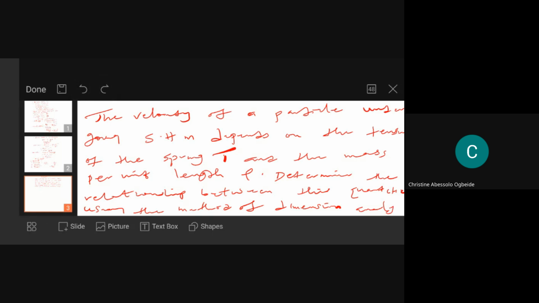You may do well to write down the question even as we prepare to solve it. They say the velocity of a particle undergoing simple harmonic motion depends on the tension on the spring, T, and the mass per unit length, rho, of that very spring. Determine the relationship between these quantities using the method of dimension analysis.